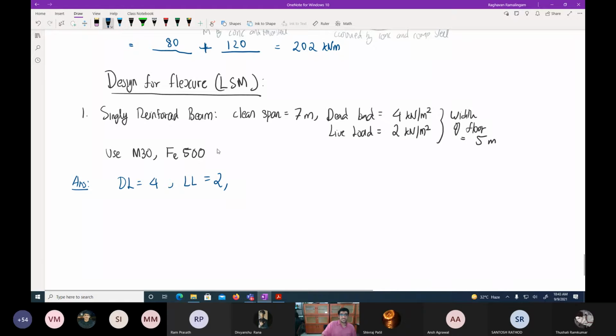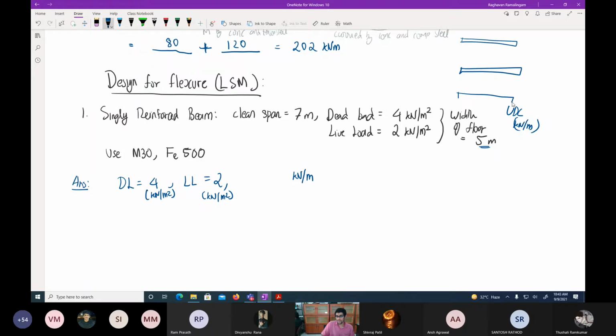Okay. So if you see, both of these are in kilonewton per meter square. When you have a beam, you need everything in kilonewton per meter. So when the dead load and live load are given to you in kilonewton per meter square, you can convert it to a UDL, which is kilonewton per meter, by taking into consideration the width of the floor. For example, you have a beam and some floor like this.